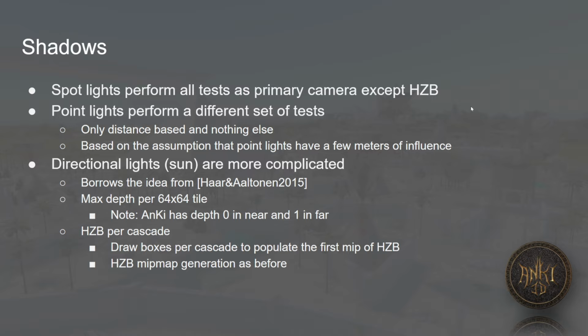One note here is that AnKi's depth is 0 near the near plane and 1 in the far. With that max depth per tile, it draws some boxes into its cascades' HCB buffer, and then we downscale the HCB using again AMD's SPD as before.